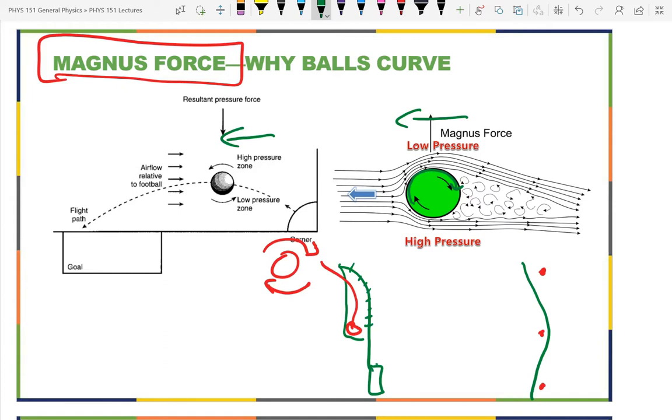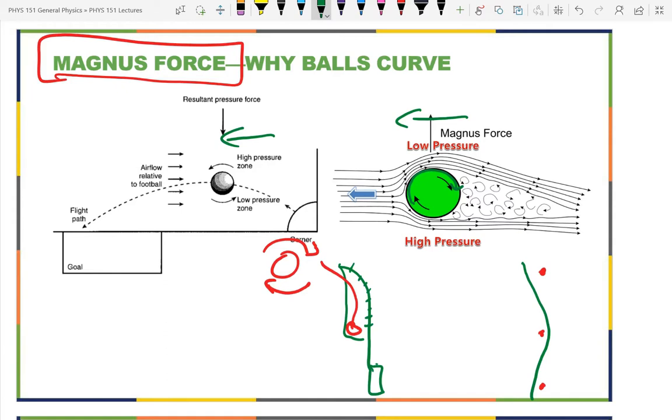There's more going over the top because of the spin, and because there's more air going over the top, that makes a lower air pressure on the top. Lower air pressure means the air has a smaller downward force, a bigger upward force. So the air in this case is going to lift it up some. That's the same as with my trackball going straight at Peter. It goes up and over him because the air pressure lifts it up.